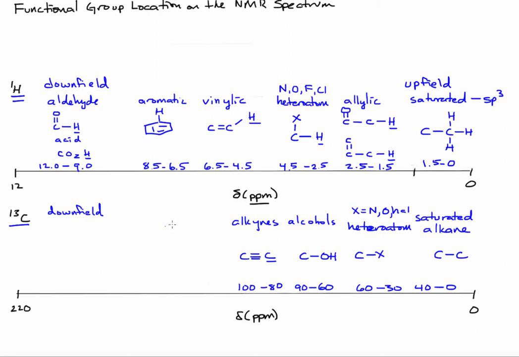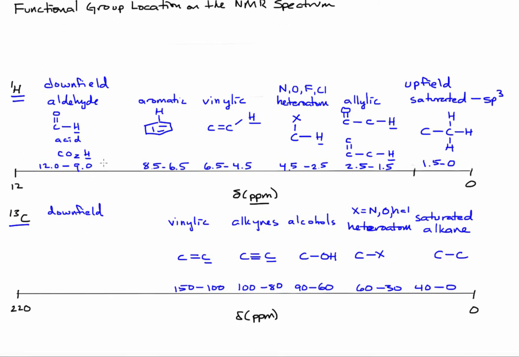The next region we'll see are sp2 hybridized or vinylic. So CC double bonds, alkenes, 150 to 100. So your typical alkenes here. Another term for that is vinylic.